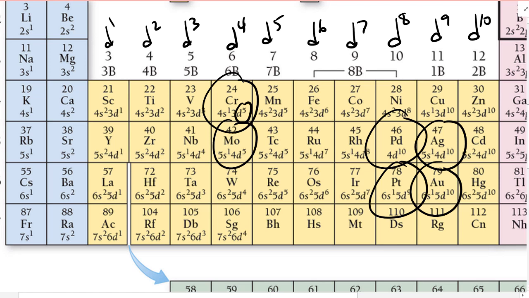So now if we locate where these are at in the periodic table, notice that there seems to be a whole bunch of them here that end with a configuration of d10. We have a tendency here towards a configuration of d5.